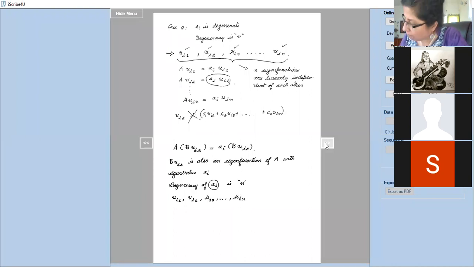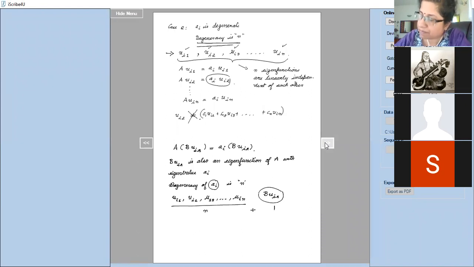And now we have this B u_i r. Now, if B u_i r is linearly independent of all these, then how much does the degeneracy become? n plus 1, right? Because already n are here, plus there is one here, it will become n plus 1. But that's not correct. The degeneracy we have written down is n.